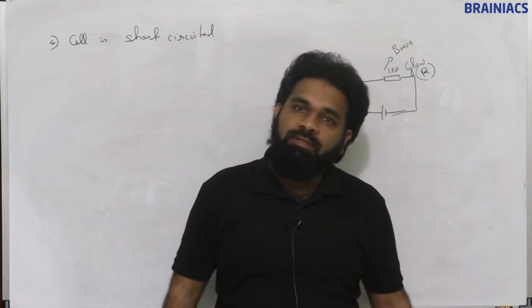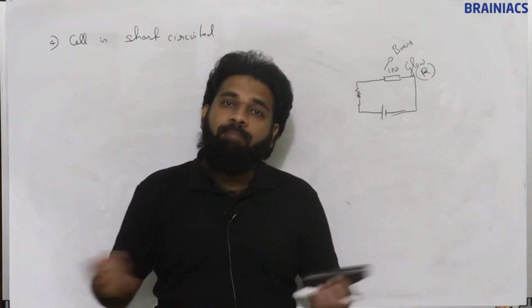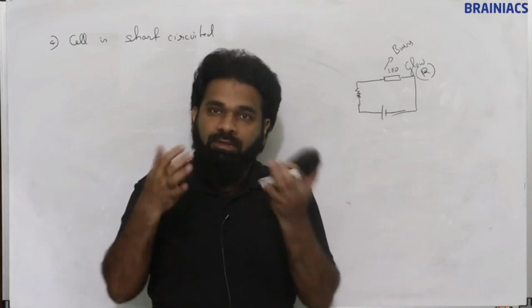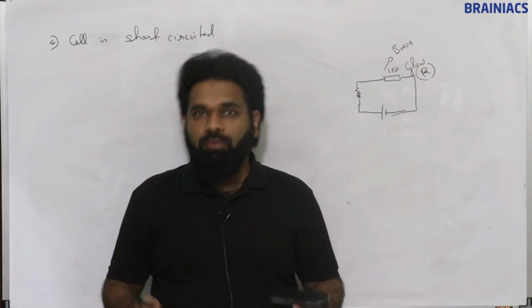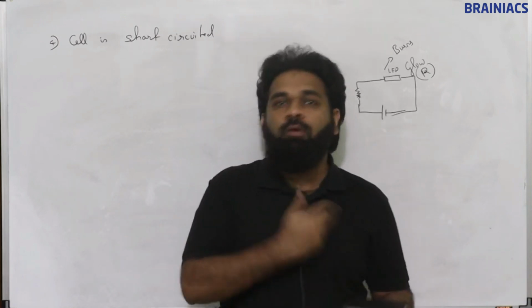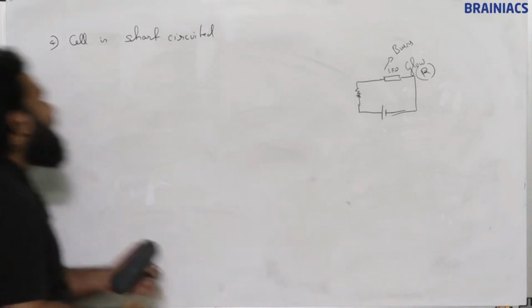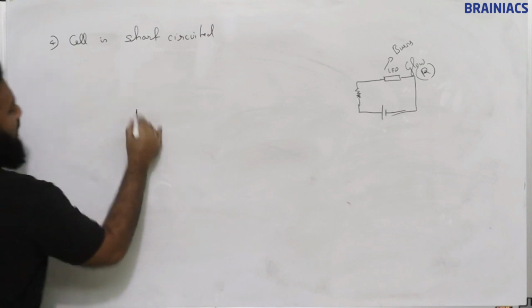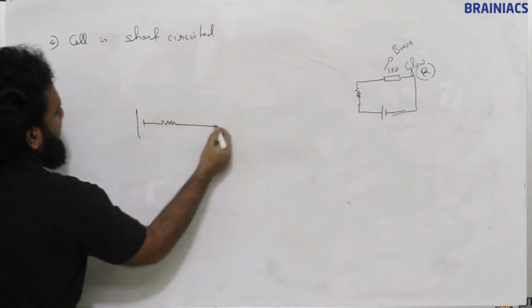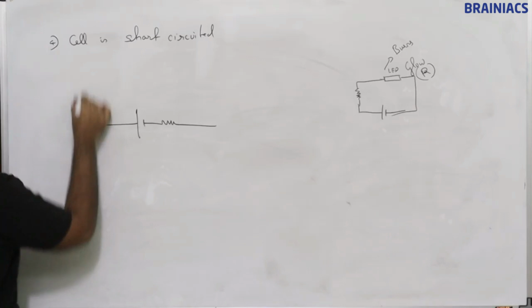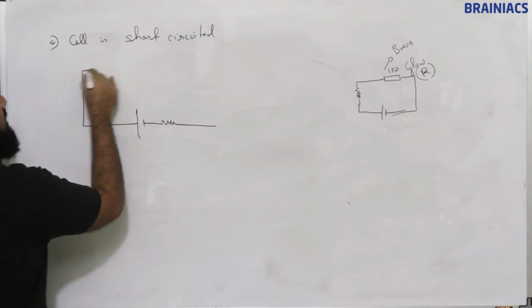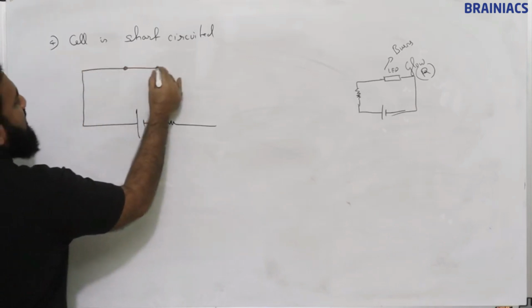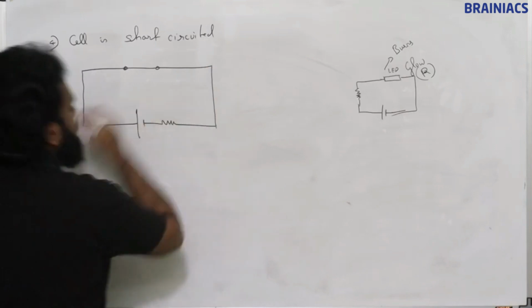So a short circuit is nothing but a battery connected directly without any resistance. Sometimes that causes damage. Here, the cell is short circuited, meaning this is our cell, internal resistance is there, and it is connected without any external resistance. In the place of resistance we are simply connecting a wire.